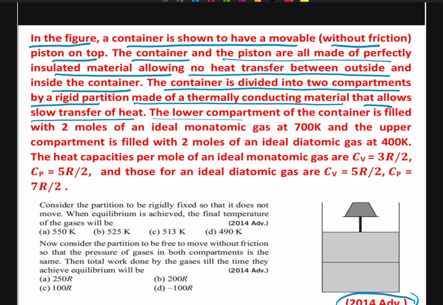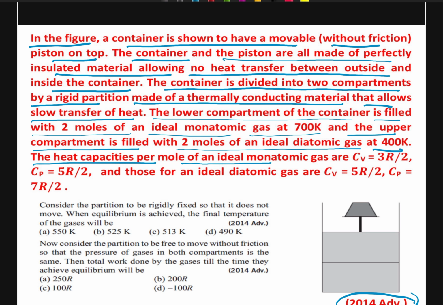The lower compartment of the container is filled with 2 moles of an ideal monatomic gas at 700 Kelvin, and the upper compartment is filled with 2 moles of ideal diatomic gas at 400 Kelvin. The heat capacities per mole of ideal monatomic gas are C_V = 3R/2 and C_P = 5R/2, and those of ideal diatomic gas are C_V = 5R/2 and C_P = 7R/2.